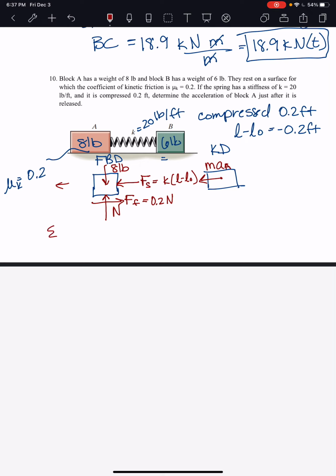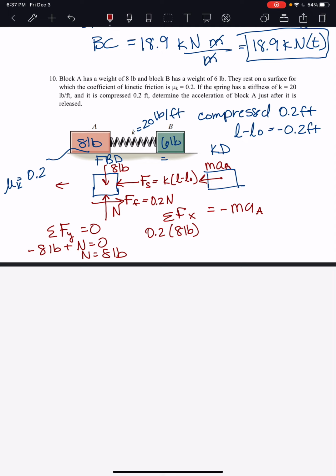So sum of the forces in the y direction equals 0. That's just looking at these two diagrams. So we get negative 8 pounds plus N equals 0. So N equals 8 pounds. If we sum the forces in the x direction equals negative m a, we get the force of friction, which is 0.2 times N, which is 8 pounds.